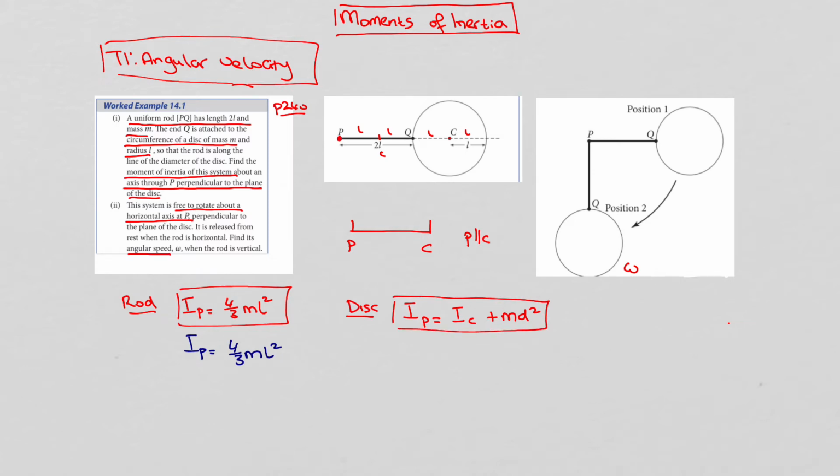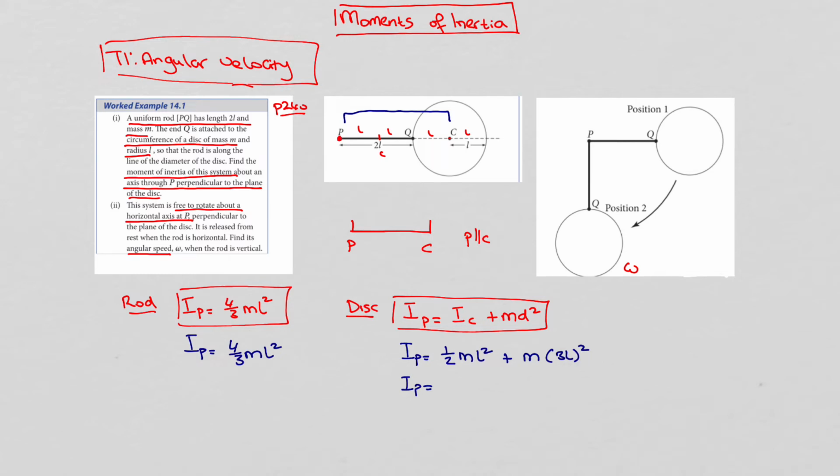So again, you can work those out separately, or you can do it all in one go. I'm going to do it all in one go here. So we have the moment of inertia through C for a disc is a half ml squared, where the mass of the disc is m, and the radius of the disc is L, and then plus the mass of the disc m times the distance from the centre of the disc to P, which if I draw it on the diagram, I can see is 3L, and I have to square that.